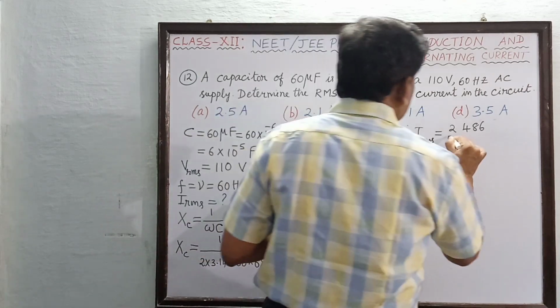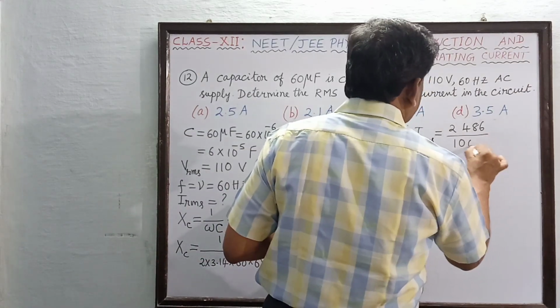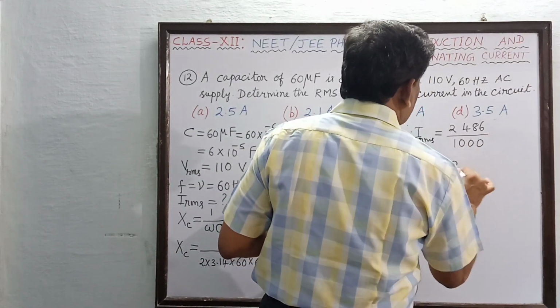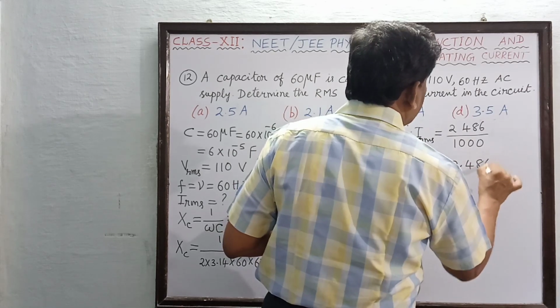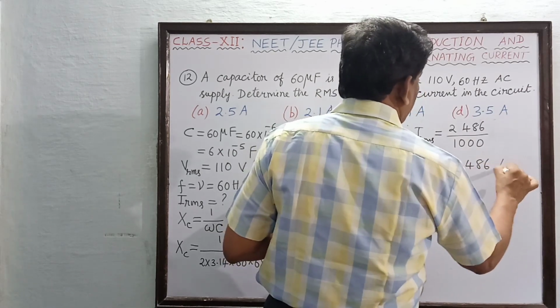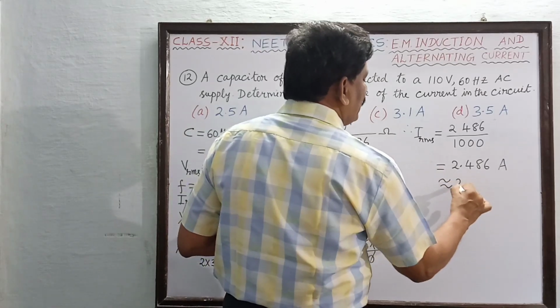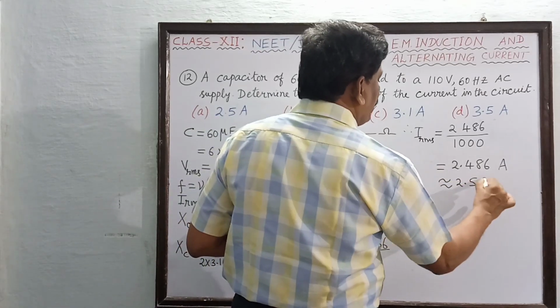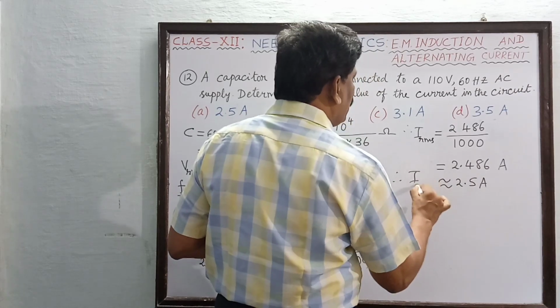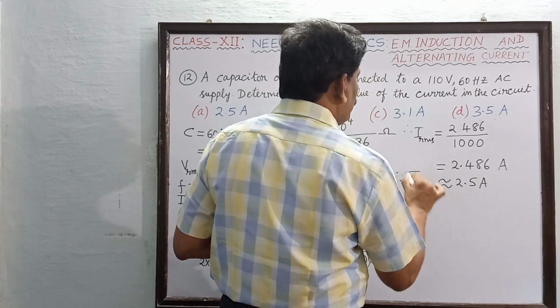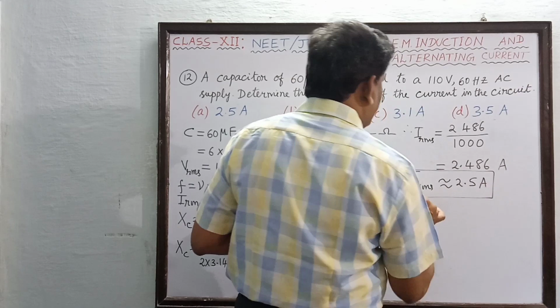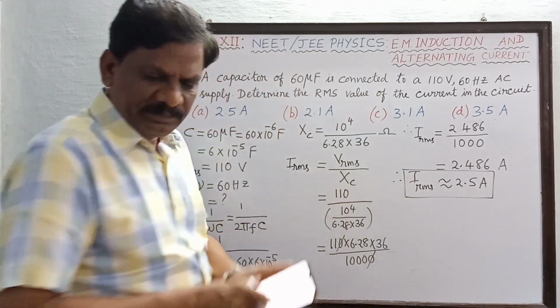Now this is divided by 1000, so this is equal to 2.486 ampere. This can be rounded off as 2.5 ampere. Therefore, I RMS is equal to 2.5 ampere.